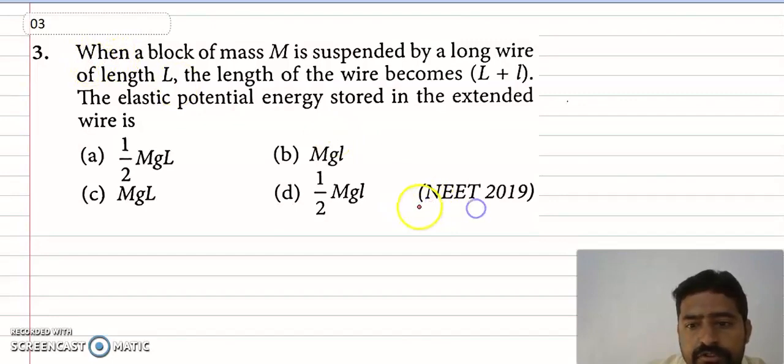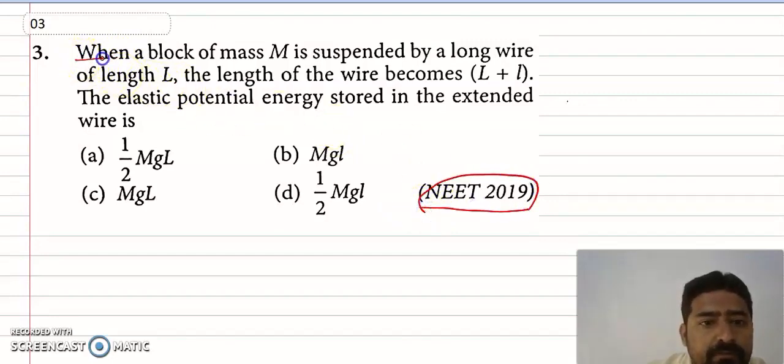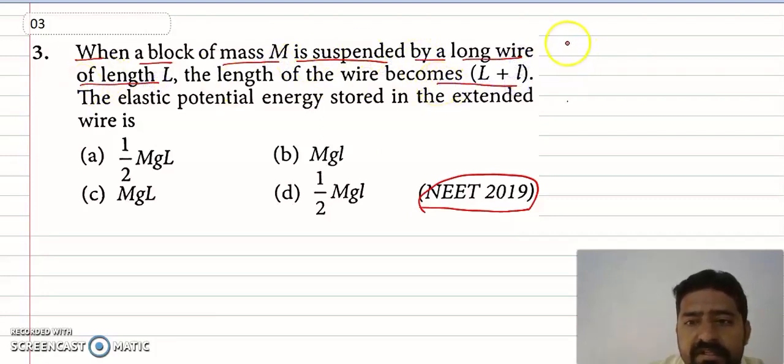NEET 2019 ನಲ್ಲಿ ಕೇಳಿರ್ತಕ್ಕಂಥ ಕ್ವೆಶ್ಚನ್, when a block mass m is suspended by the long wire of length L, the length of the wire becomes L plus l.